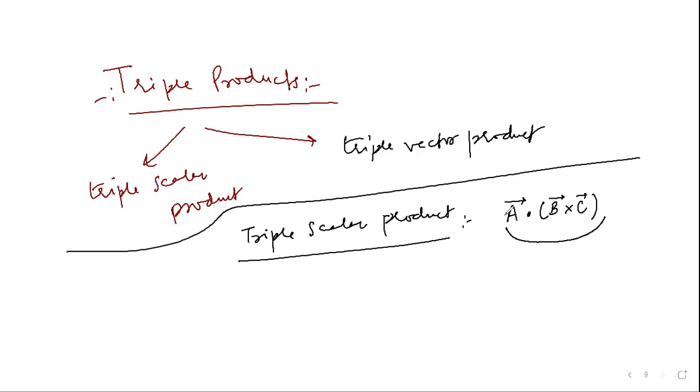What is a parallelepiped? A parallelepiped is a solid with six faces. All six faces are parallelograms, right? The cube is also a parallelepiped.